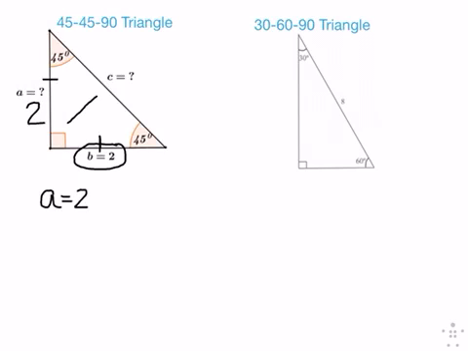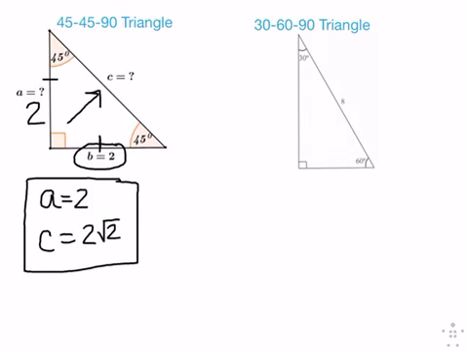And then the hypotenuse, which is opposite from the 90-degree angle, is going to be the length of the side times the square root of 2. So you would just multiply this side right here, 2, times the square root of 2. And that gives you the hypotenuse. So basically you're just filling in the missing information.